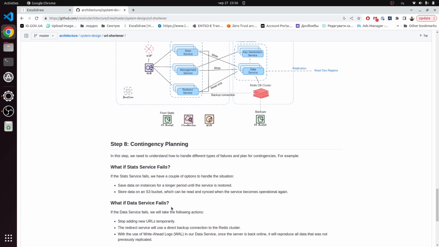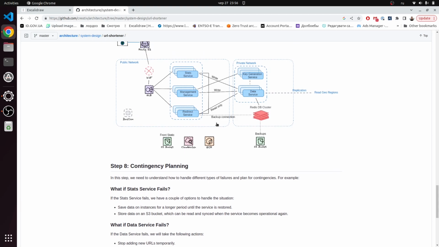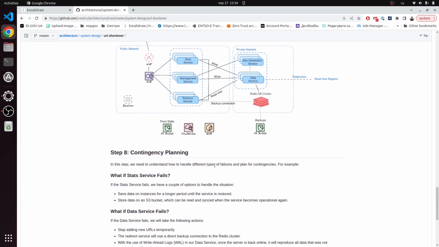What if the data service fails? In such a scenario, we can stop adding our URLs, or for example just write them to some WAL log that will be used by the data service after it comes up for saving data and replication.